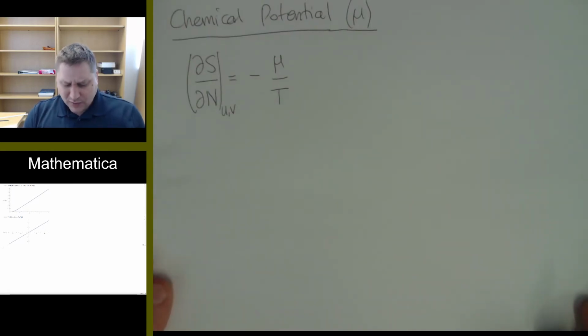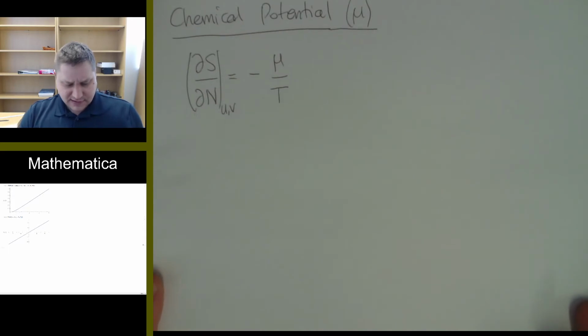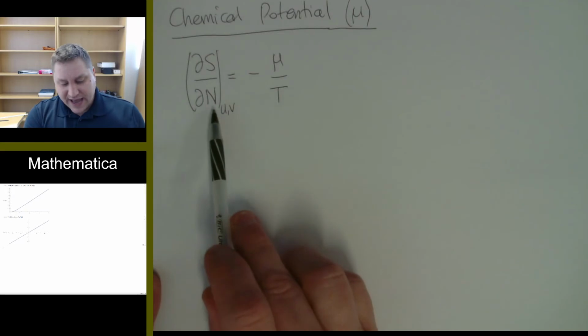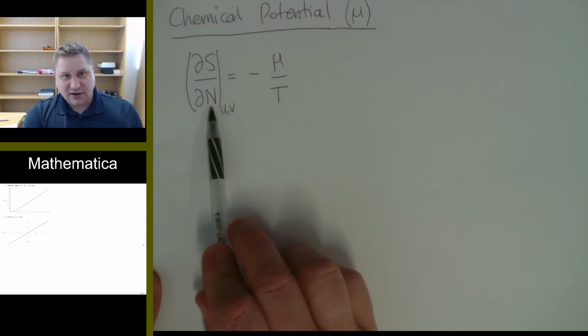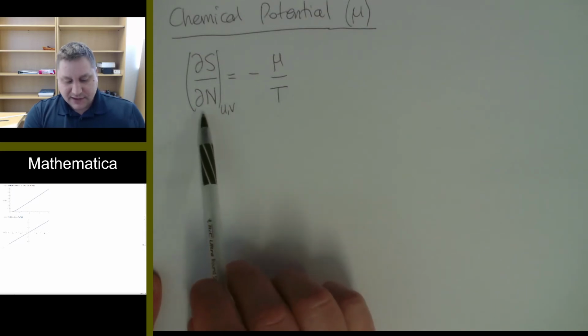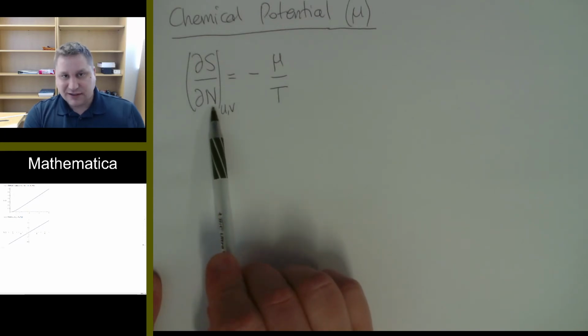So what is the point of defining it in this way, and what is the chemical potential? How does it behave? Well, to understand the chemical potential, we need to think about ways that the system can change its particle number. That's what this derivative is all about. Can the system increase its entropy, approach equilibrium, by changing its particle number?